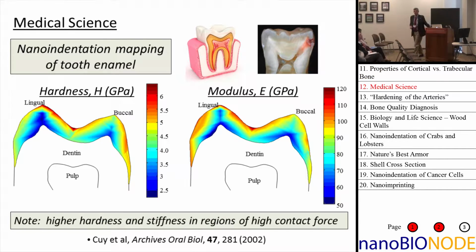Teeth. So some interesting work on teeth. I didn't do this, but this is a really cool paper if you ever want to go look at something cool. This is some work done by Tim Weiss at Johns Hopkins. This was in the old days, before we had nanoindenters that did things fast. They took a section of a tooth and made 2,500 indents on it.